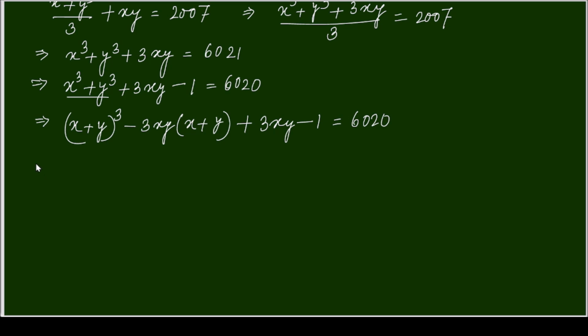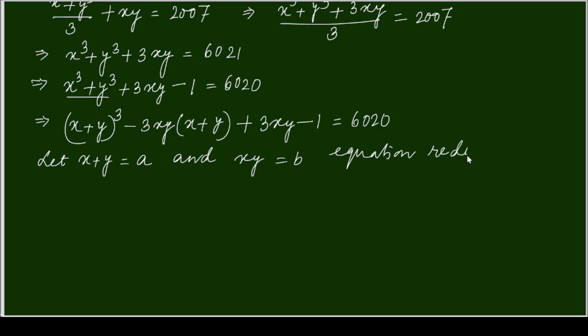Next I am taking x plus y as one variable, that is a, and x into y as b. Then the equation reduces to a³ minus 3b times a plus 3b minus 1 equals to 6020.